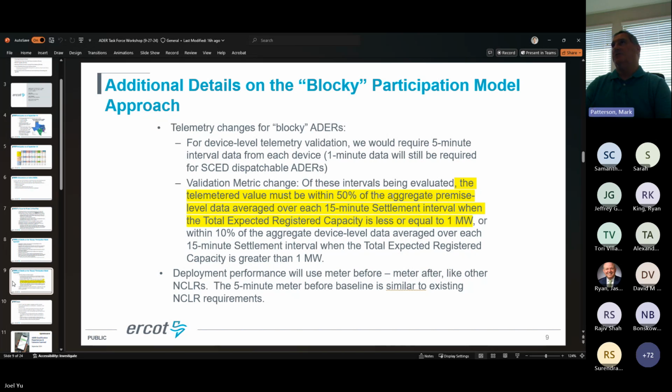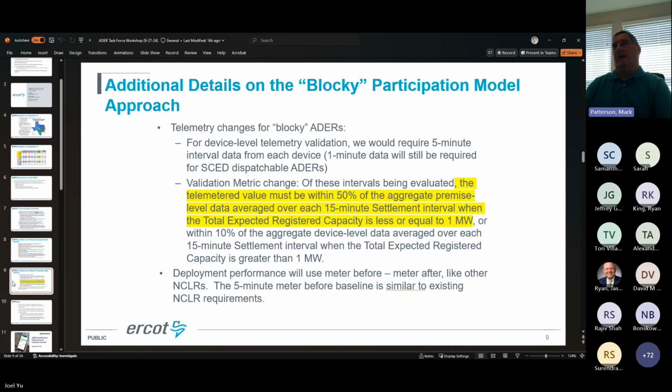I'm only listing those that would change based on what is currently already a requirement under phase 1 and phase 2. So I'm only listing the changes. If it's not listed here, that means whatever the other requirements are, they would not be changing for this concept.